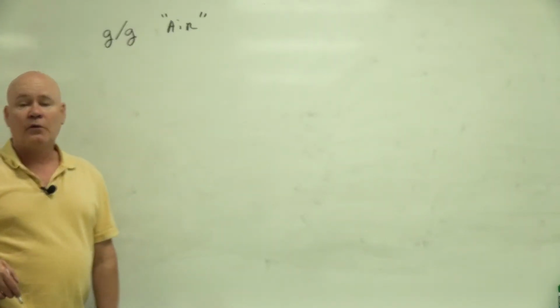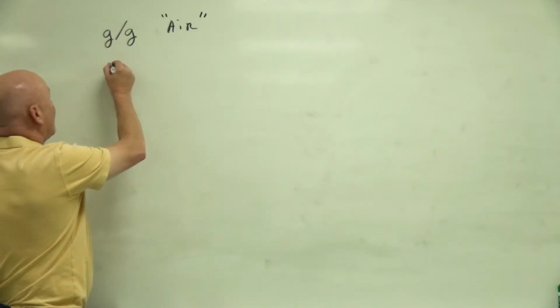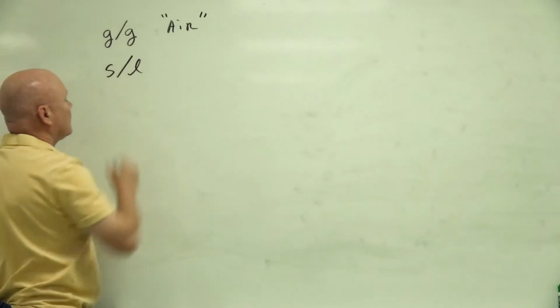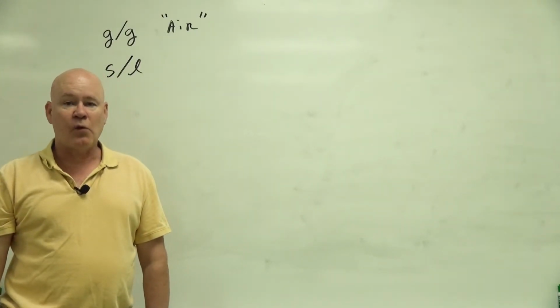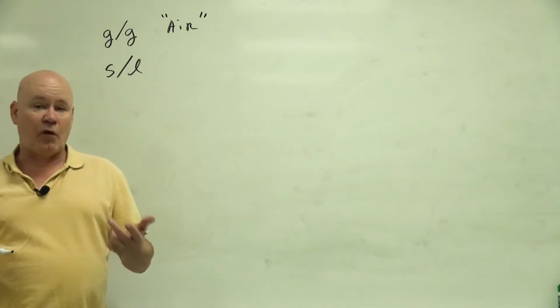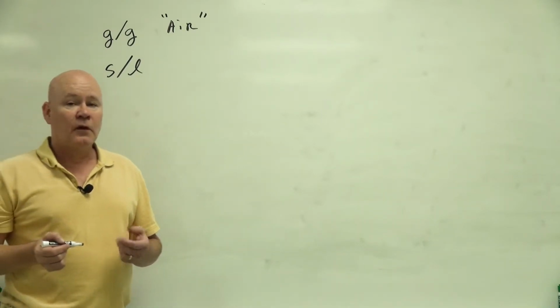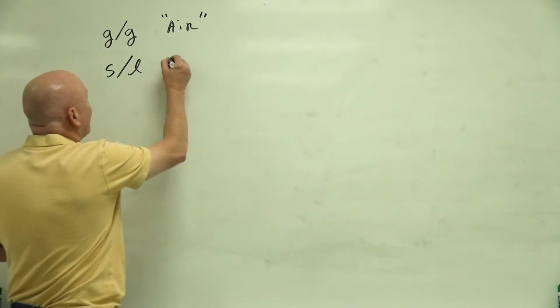How about if we dissolve things in liquids like water? If I had something like solid-liquid, a good example would be taking a glass of water and stirring in salt to make a salt water solution. Salt, sodium chloride, is a solid. The liquid is the water, and you make a salt water solution.